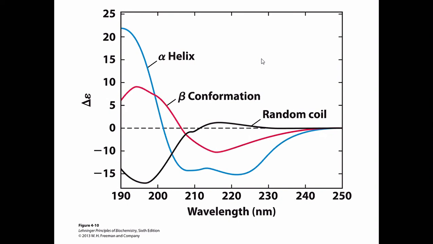The turn structure that connects two alpha helices or two beta sheets, either a gamma turn or beta turn, is random. So in most cases, you will have a mixture of alpha, beta, and random coil. If that happens, circular dichroism can differentiate them. That's a good thing about circular dichroism.